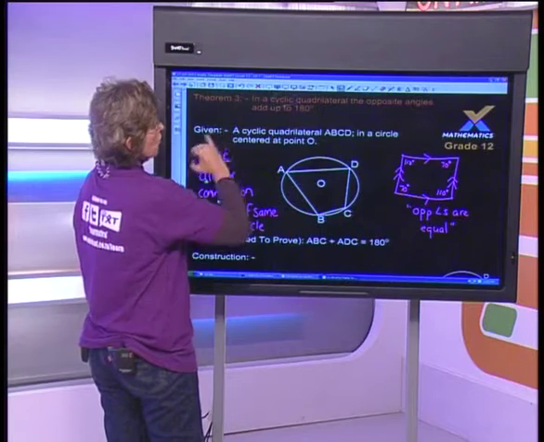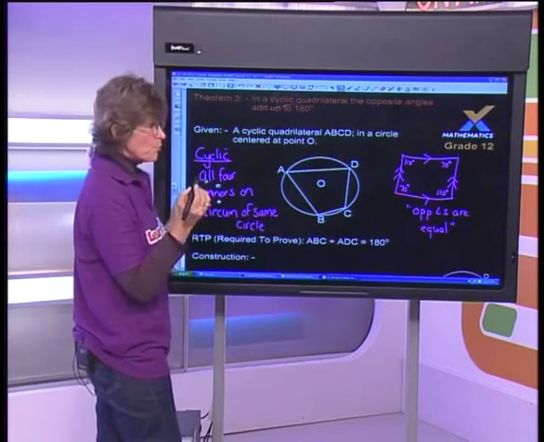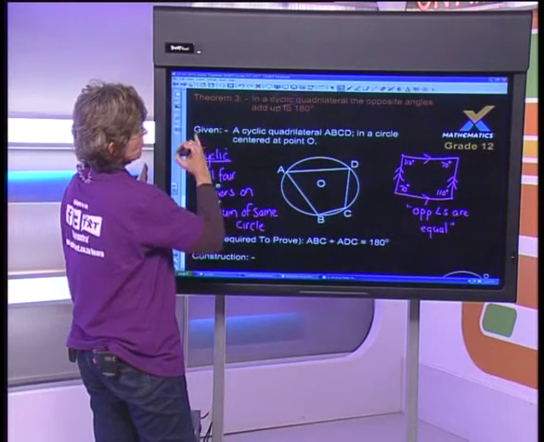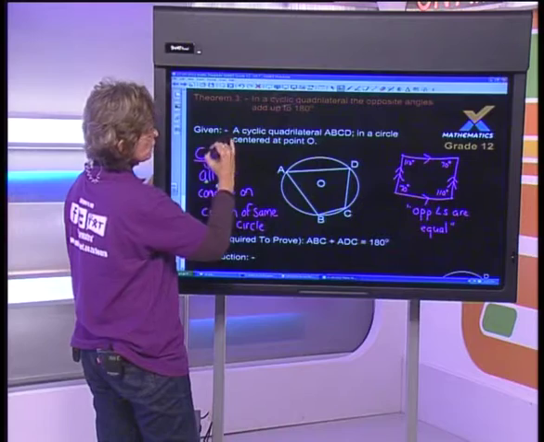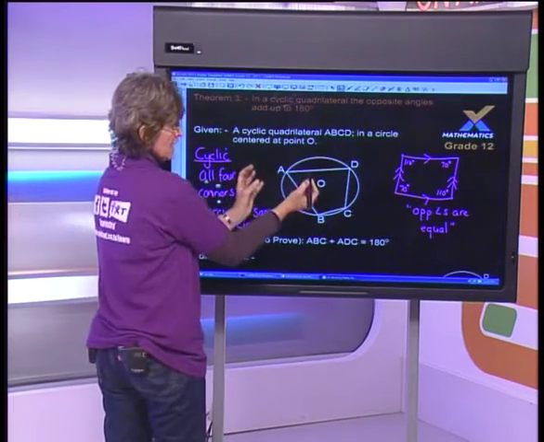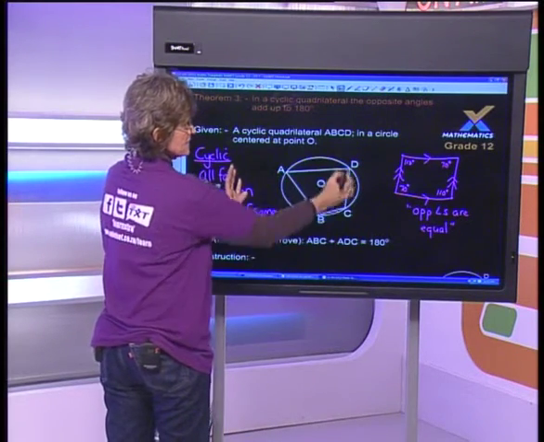Okay, so what we're going to do now is that important thing which is called a proof. Please notice that in a proof, you get given a certain picture with certain elements. So what we've got is a quadrilateral ABCD.